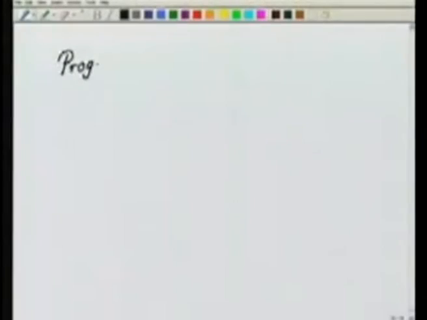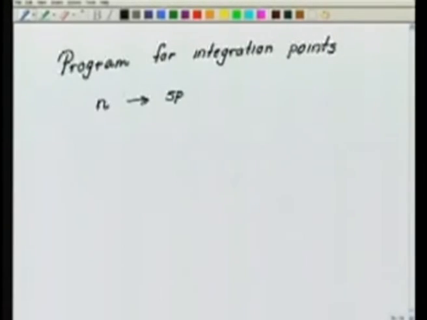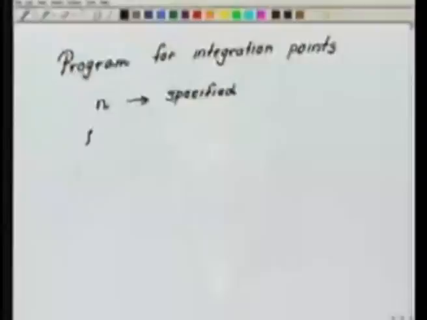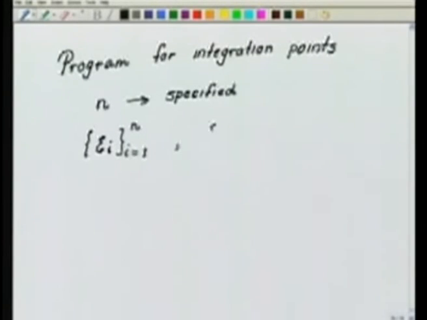So, now the question is, given this 10 point rule, you should be able to write a program where if I give you the n that I need, n specified, then you should return back to me the corresponding points psi i and the corresponding weights.